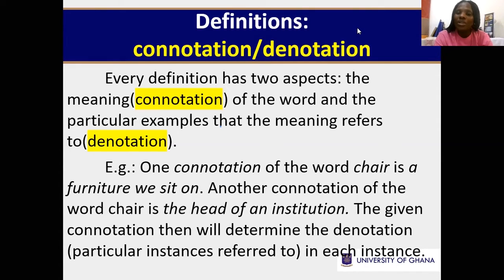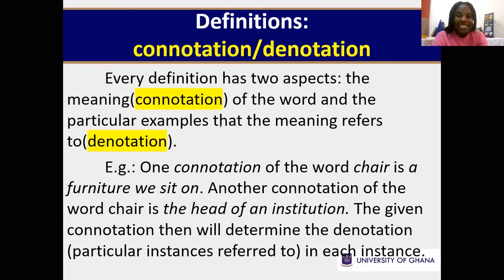Now, based on that connotation, you can call what you are sitting on right now a chair. That particular thing is a denotation of the connotation of the word chair that I've just given. The same with what I'm sitting on. It is a chair. It means that if you're able to sit on your table over there, by the connotation of the word chair I've just given, your table will become a chair.